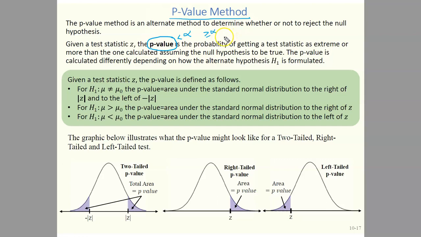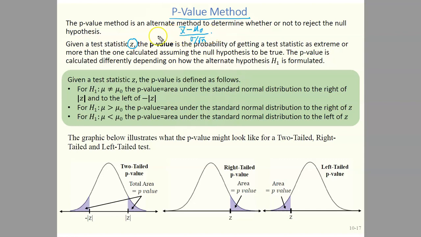null hypothesis. Now, in this slide right here, we're going to discuss exactly what the p-value is for a hypothesis test. So if you're given a test statistic z, remember that's what you calculate. You take your sample mean and you evaluate x bar minus mu naught divided by sigma over root n.